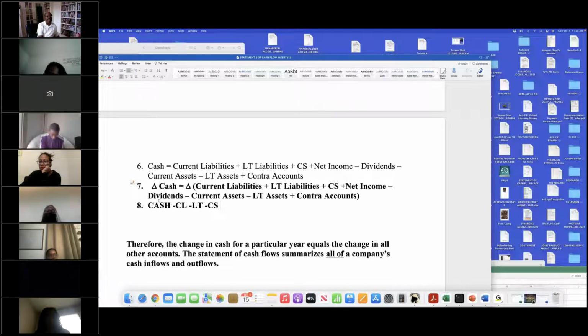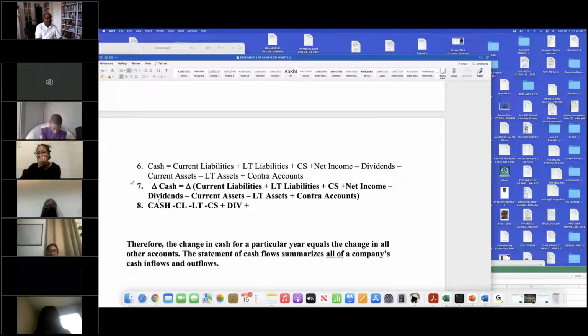Little algebra lesson here. What about the current assets? Also add it. They're back on the normal side, so plus the current assets.